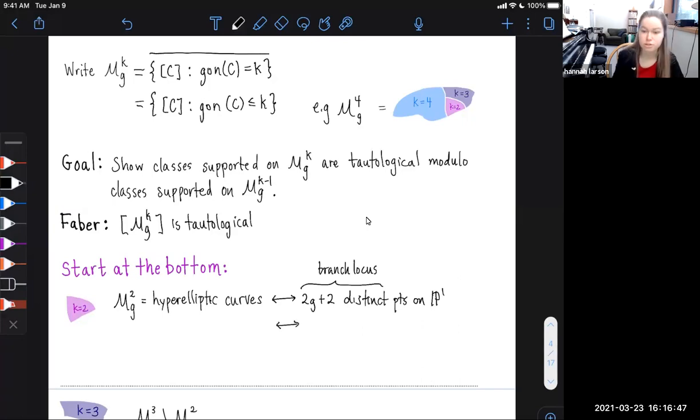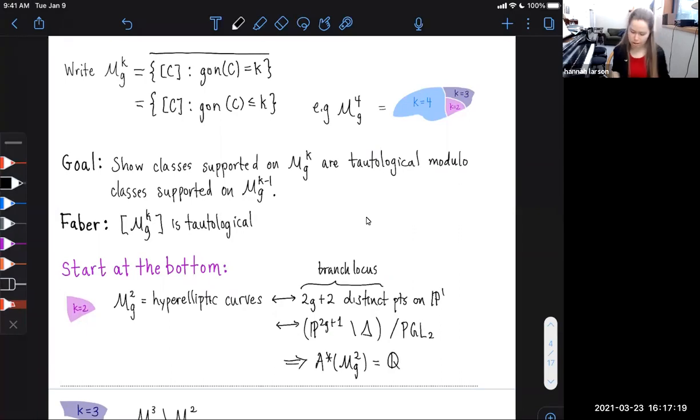This space, in turn, is just projective space of dimension 2g plus 1 minus the discriminant locus modulo automorphisms of P1. And from this description, it's not too hard to show with rational coefficients that the Chow ring of M_g^2 has no non-trivial cycles in positive codimension. So it just has its fundamental class.